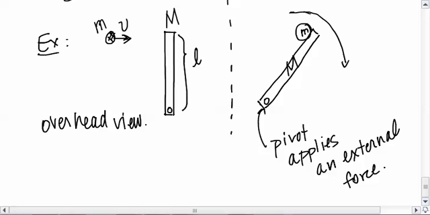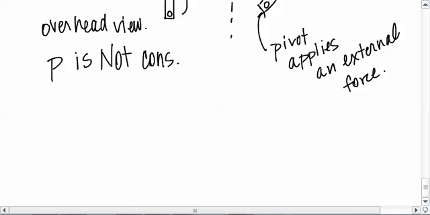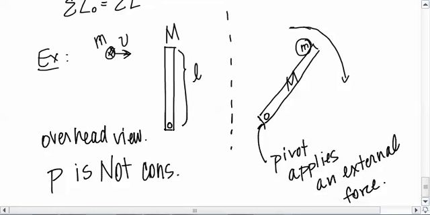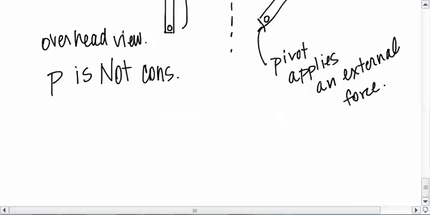Is it applying an external torque, if this is the pivot point and torque is F times R? No. So is linear momentum conserved in this collision if there is an external force? No, momentum is not conserved. Oh my gosh, is that the first time you've ever seen me write that down? But what is conserved? Angular momentum is conserved.